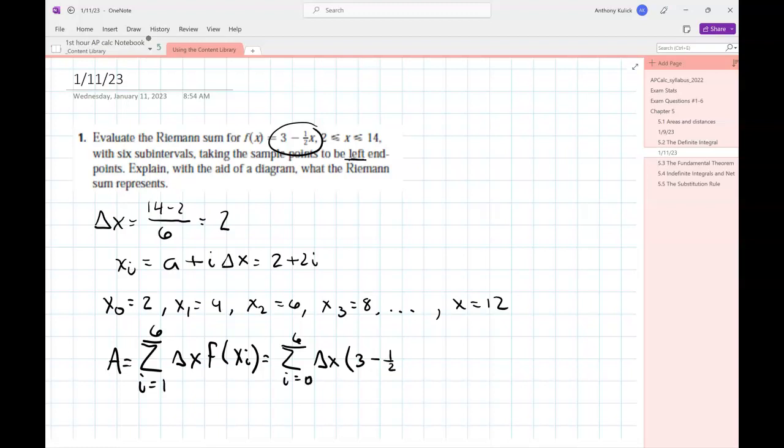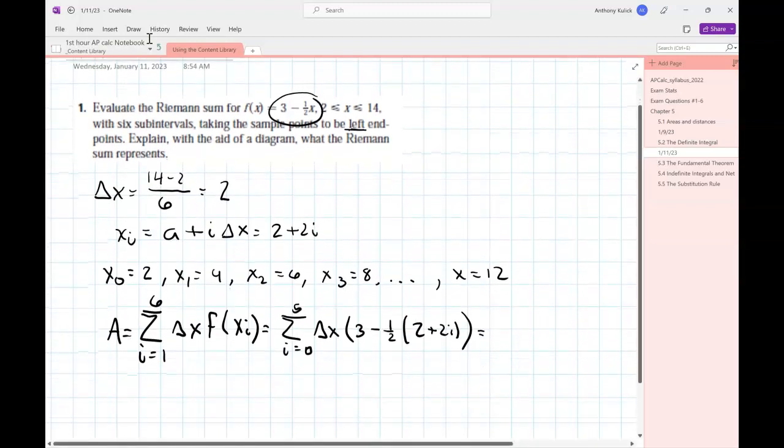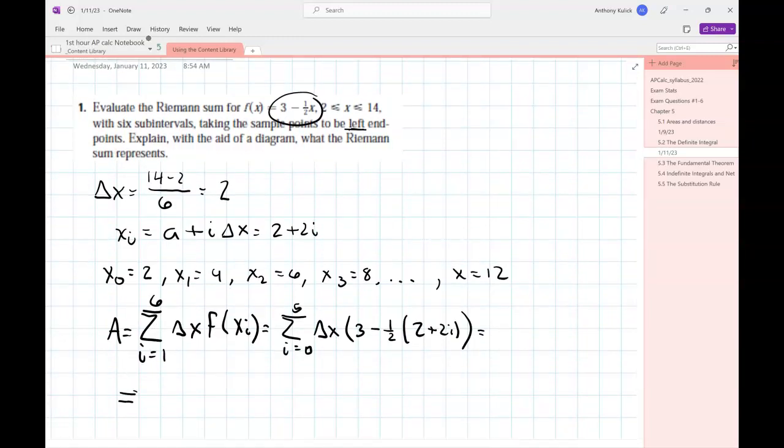Ooh, so that's really 0 to 5 though, right? With the way I index things. But I'm not really going to think about it that way. That's like the sum that I'm doing.